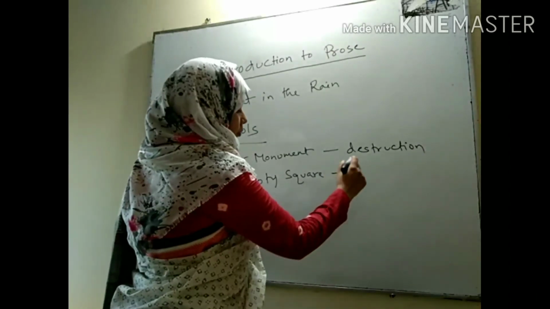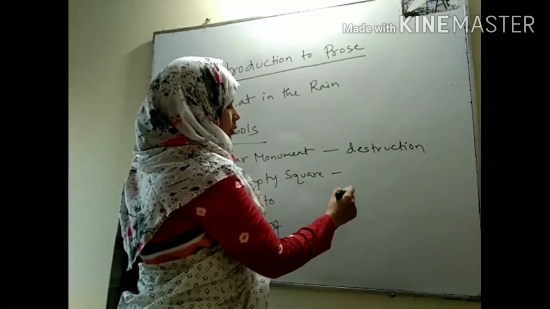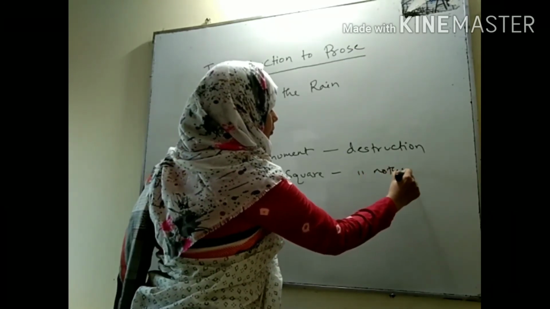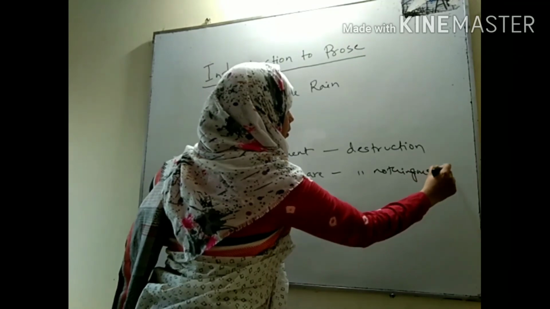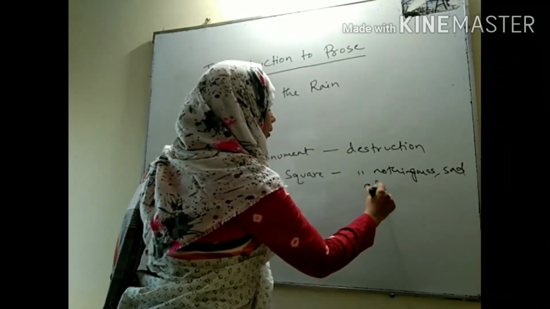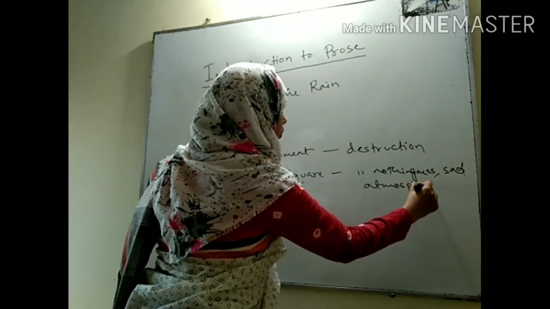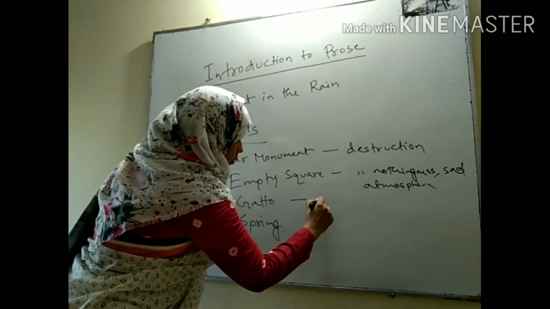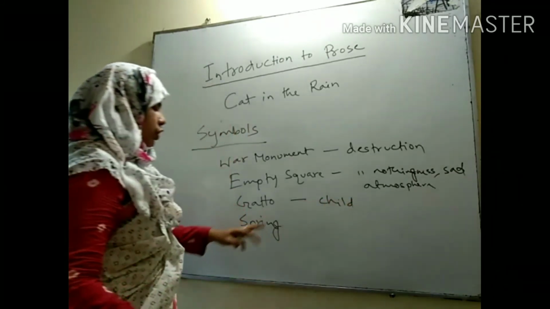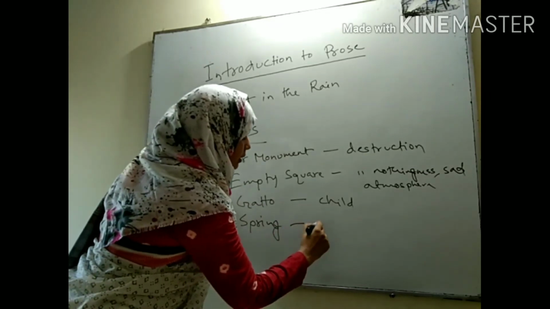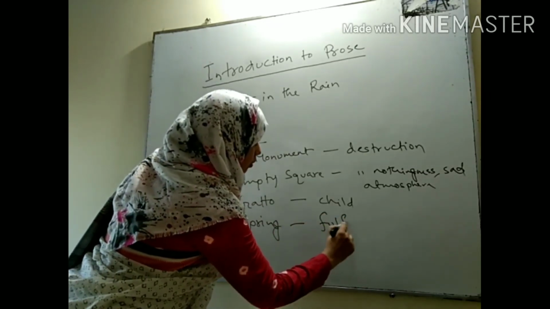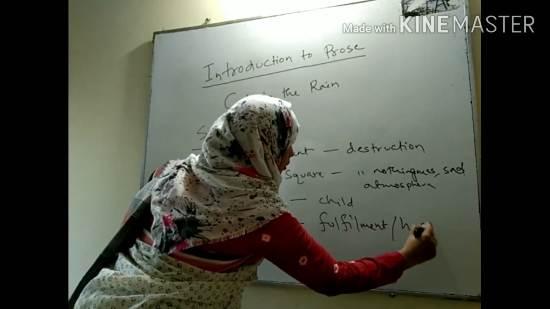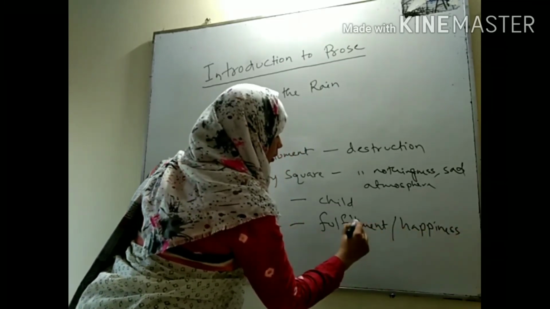Empty square also symbolizes nothingness, destruction, sad atmosphere, and ghetto here is a symbol of child, and spring here is a symbol of fulfillment or happiness.